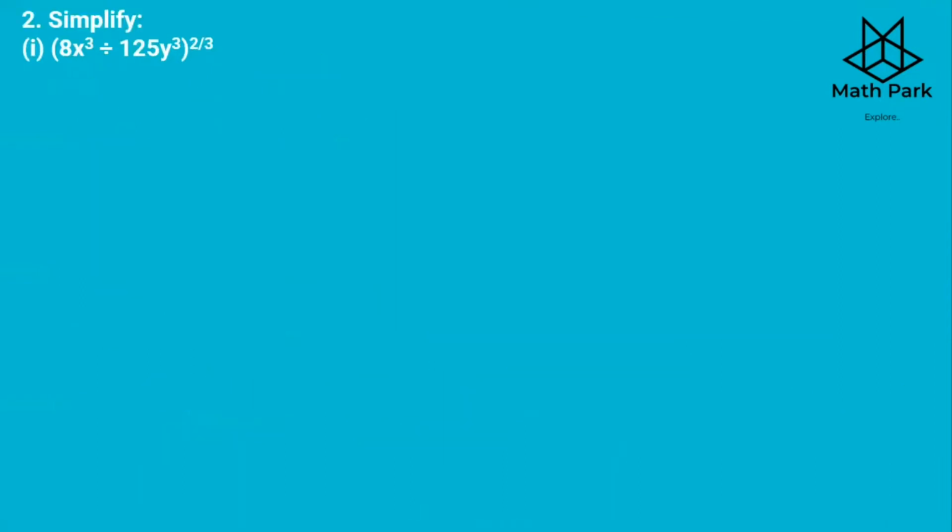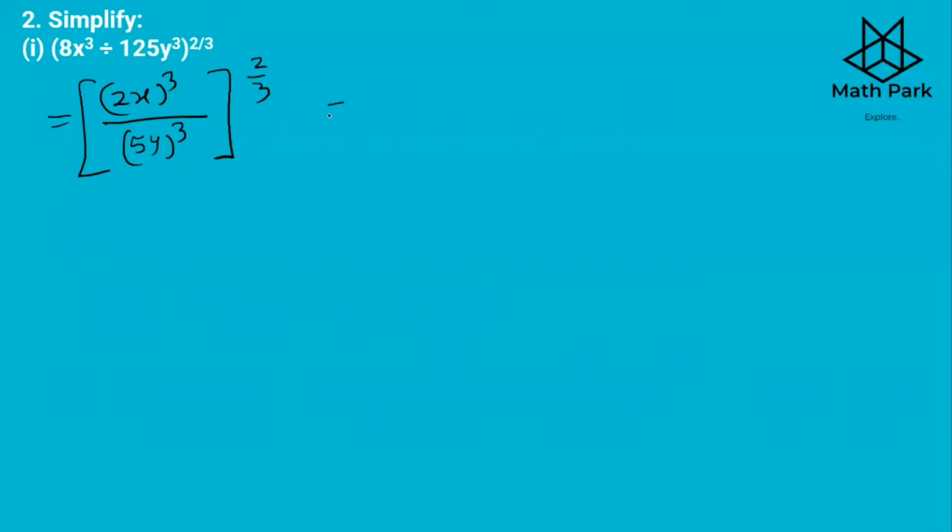In this, we have the first one, (8x cube divided by 125y cube) raised to 2 upon 3. 8 is the cube of 2, so this is (2x) the whole cube, divided by 125, which is the cube of 5, so it is (5y) the whole cube, and this all raised to 2 upon 3. Easy?